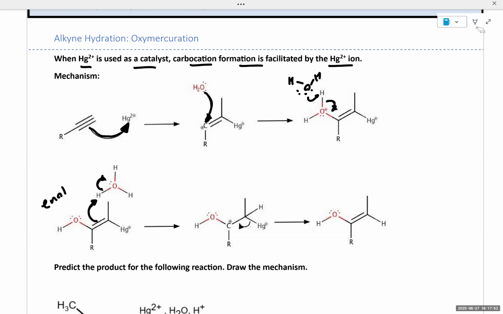The only thing that's different when you have mercury as the catalyst is you will protonate the enol carbon-carbon double bond. And then from here, you get elimination of mercury to generate your final enol. This enol can then tautomerize to the corresponding ketone.